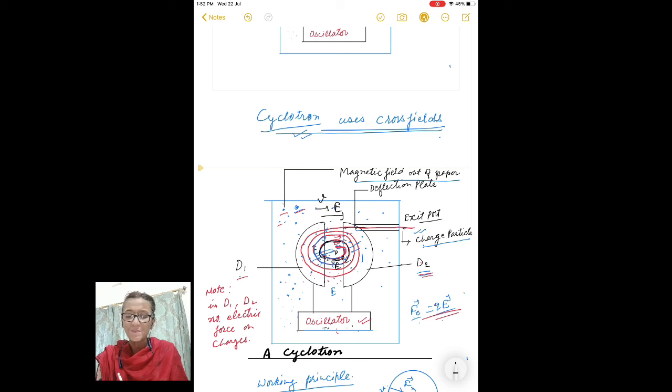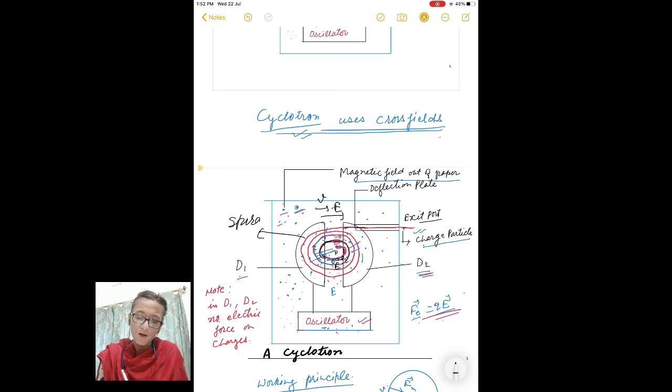So each time the charged particle is accelerated, its velocity is increased, and with increase in velocity, the radius keeps increasing along the spiral path. You can see, due to these things, the charged particle takes a spiral path.